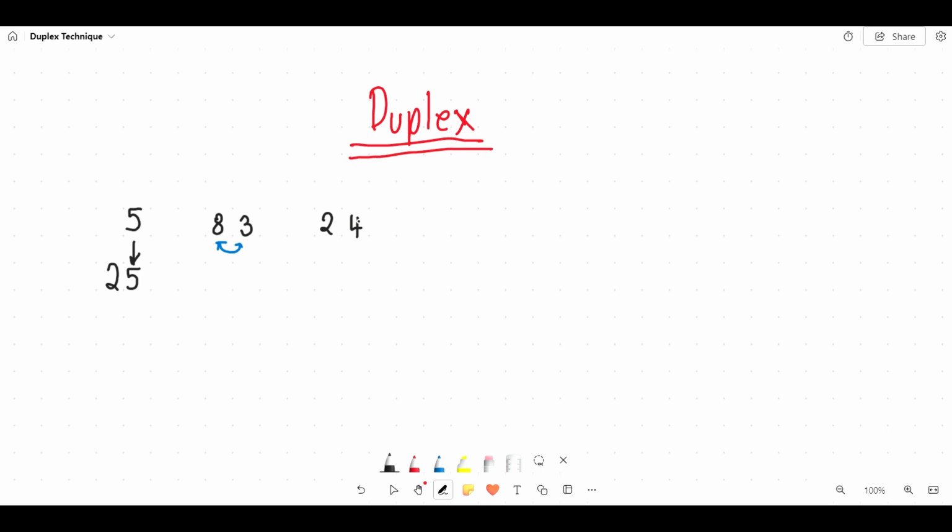So in this case, 24 times 2 is 48. So the duplex of 83 is 48. I hope you understood how this works. I'll just give you a few more examples.